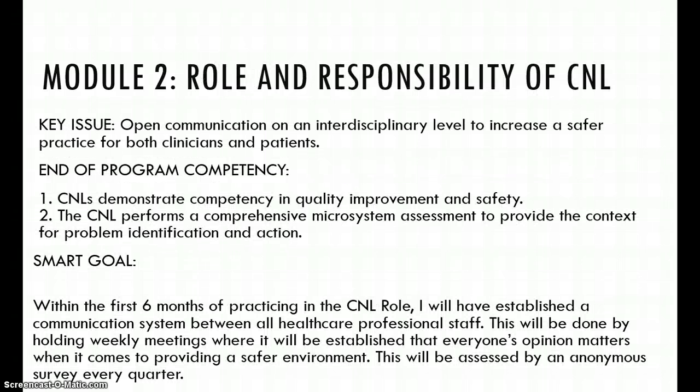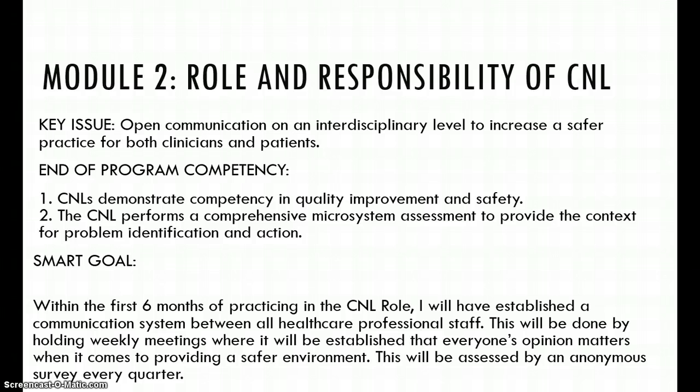Within the second module, the role and responsibility of a CNL, I felt that the key issue was having open communication on an interdisciplinary level, which increases a safer practice for both clinicians and patients. This is really relevant to the end of program competencies because CNLs really are role models on the floor, and they demonstrate their competency in quality improvement and safety.